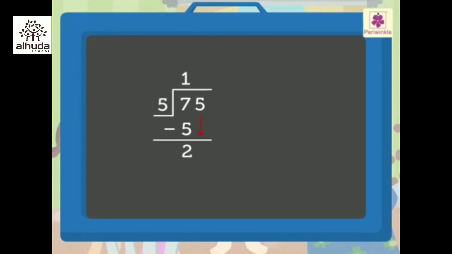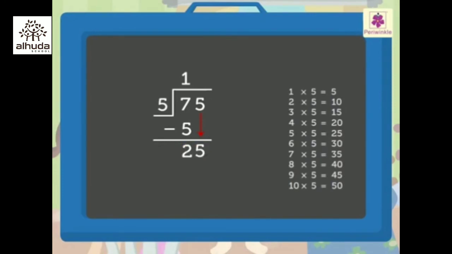Now bring down the next digit, that is 5, and write it beside 2. What do we do next? Back to comparison. 25 is greater than 5, so we can divide 25 by 5. Now, find the nearest product to 25. How many times can 5 go into 25?